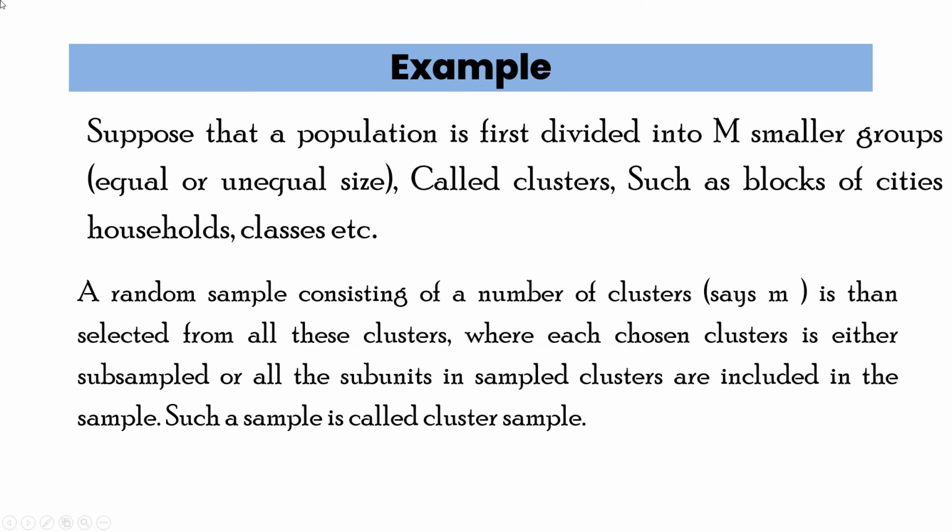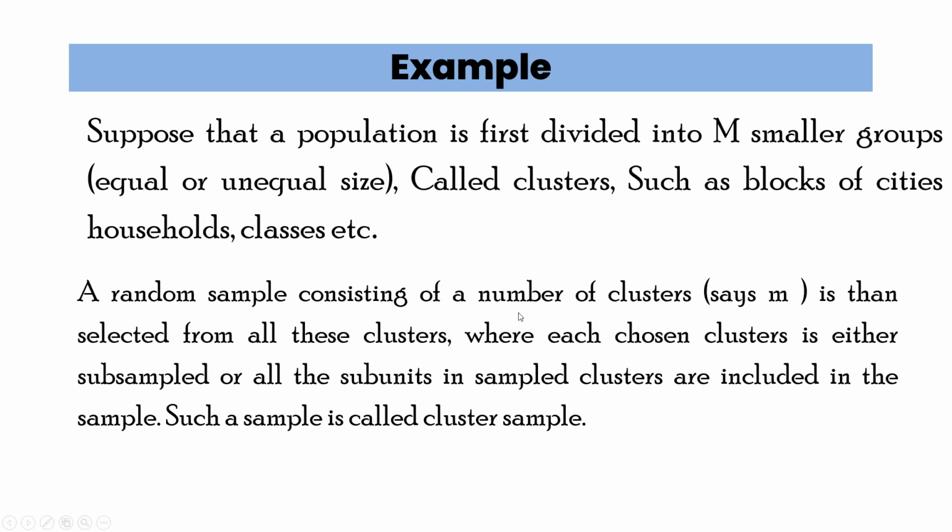Here is another example. Suppose that a population is first divided into M smaller groups. These groups may be of equal or unequal sizes. There is no condition of equal size. These groups are called clusters, such as blocks of cities, households, classes, anything that you want to study.